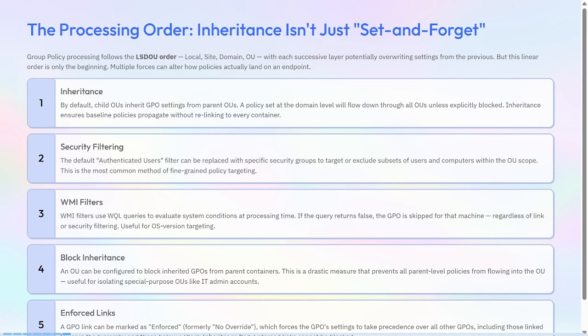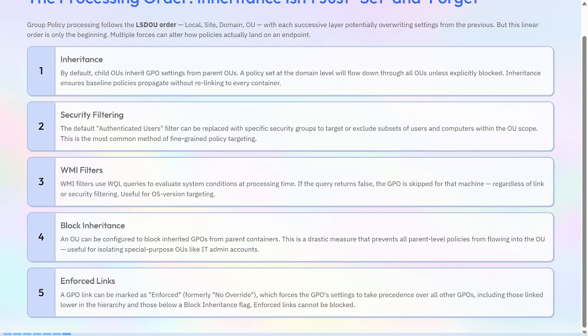The default authenticated users filter can be replaced with specific security groups to target or exclude subsets of users and computers within the OU scope. This is the most common method of fine-grained policy targeting. WMI filters. WMI filters use WQL queries to evaluate system conditions at processing time.